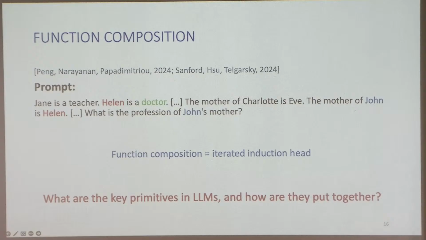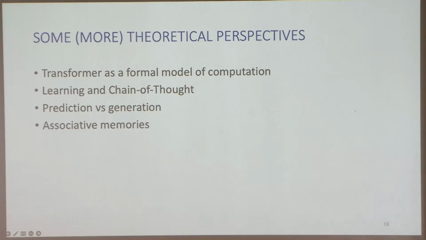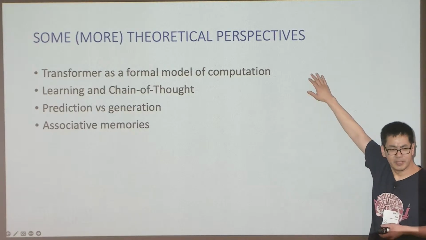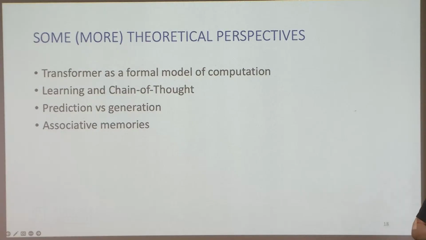Okay, but I want to move on, if there aren't any more questions, and talk about some other theoretical perspectives on transformers that other researchers in the field have taken. I divided it into 3 or 4 parts. One is viewing things as a model of computation and using a complexity theoretic view to understand what transformers can and cannot do.